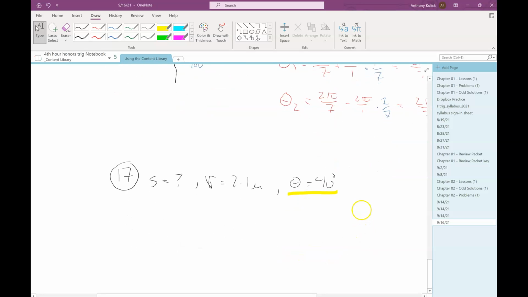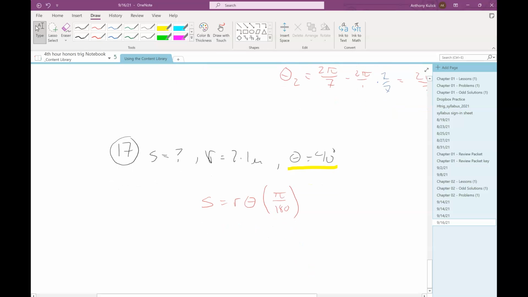Because our angle is in degrees, I know that I need to use the arc length formula with the conversion factor in it. So now I'm just going to fill in my values and type it in my calculator.